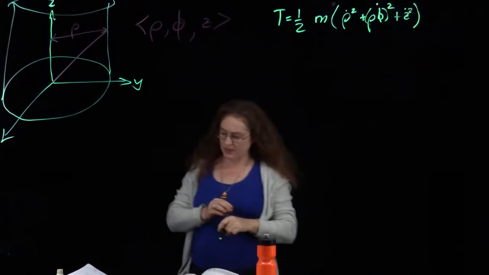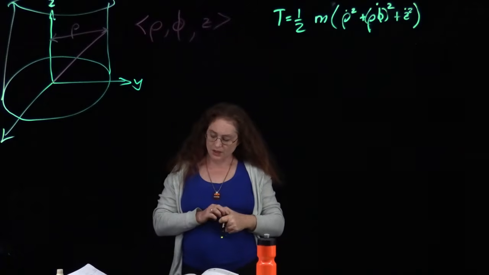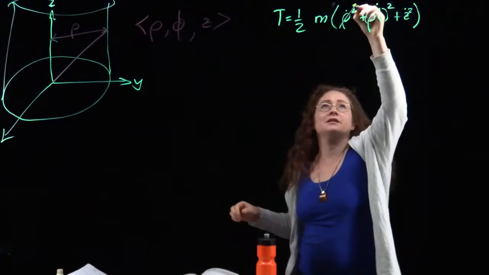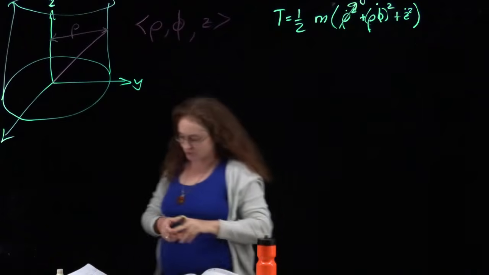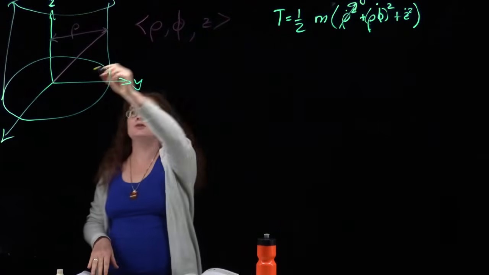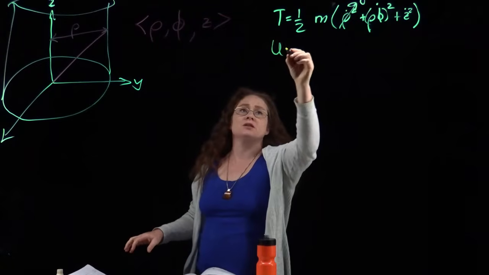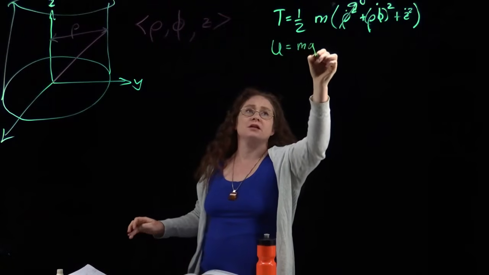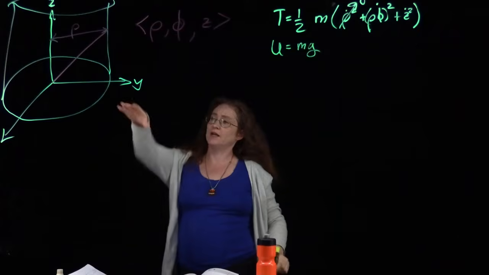So that's our kinetic energy. Of course, this is 0. And our potential energy is the mass times g times the height.